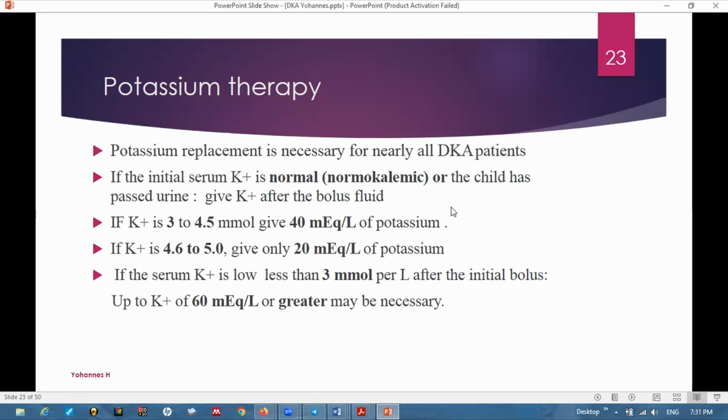It can be potassium chloride, but most of the time the recommendation is half potassium acetate and half potassium phosphate, or half potassium chloride with potassium phosphate. If the potassium is between 4.6 and 5, we give 20 milliequivalents per liter of potassium. If the serum potassium is low, less than 3 millimole per liter, especially if it is less than 2.5, we should manage the potassium before initiating the insulin.